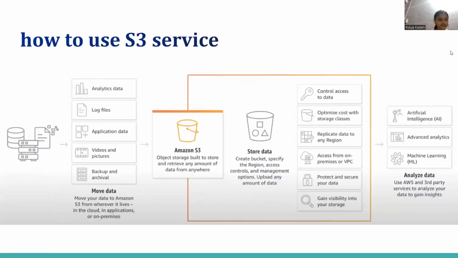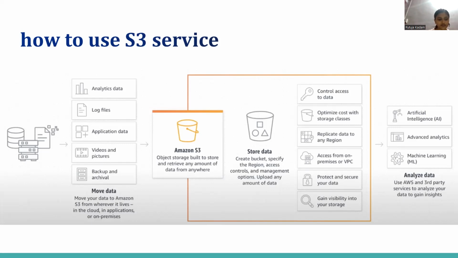So how to use the S3 service? Amazon Simple Storage Service, that is Amazon S3, is an object storage service offering industry-leading scalability, data availability, security, and performance. Customers of all sizes and industries can store and protect any amount of data for virtually any use case, such as data lakes, cloud native applications, and mobile apps.